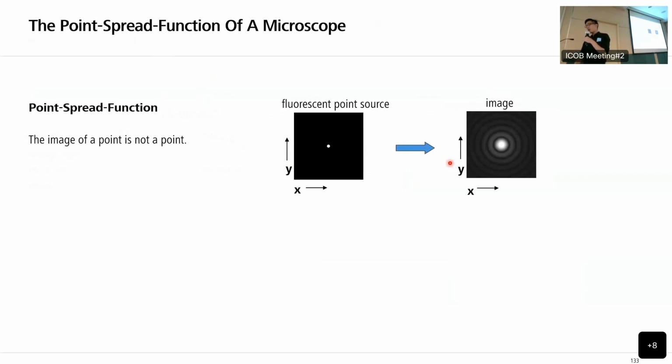Once the light passes through a medium with a different refractive index, the light suffers diffraction. So that's why you can see there's some disk area for our one-point light source. This is for the XY plane.